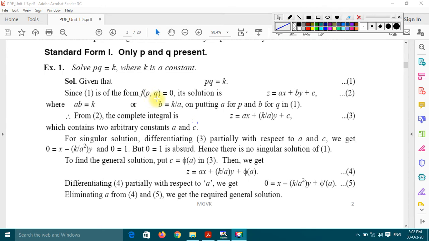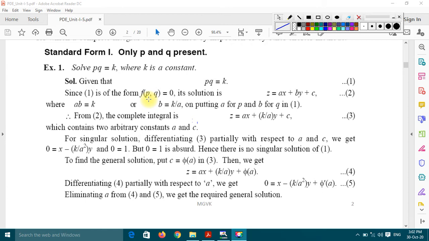Now if we write the Charpit's equations, then we get dp upon the denominator of dp to be 0, and the denominator of dq to be 0. So we get the two differential forms, dp = 0 and dq = 0. If we integrate, we get p = a and q = b.